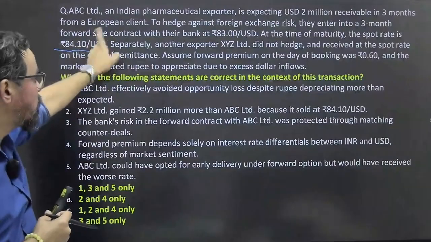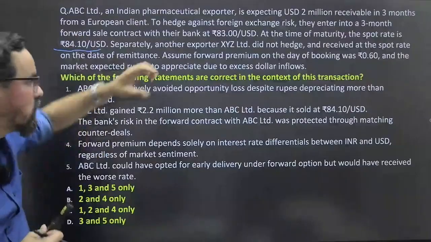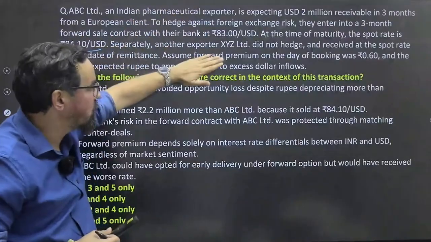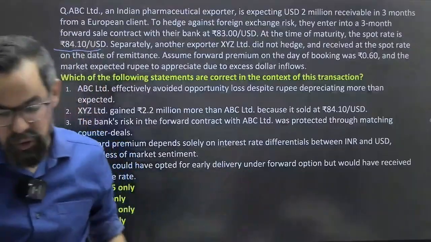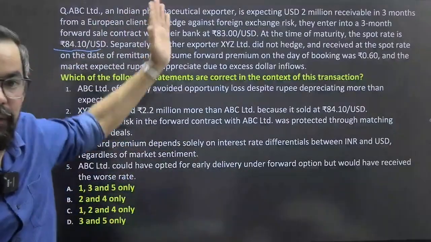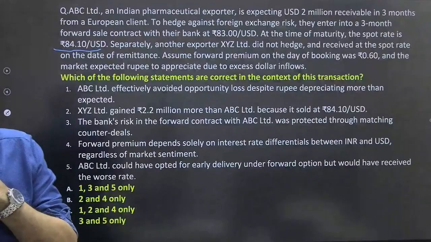That's why the spot price is 84.10 and they got 83. So this deal is at a discount, and the other exporter has a bullish view on the dollar, while the first one was bearish on the dollar.